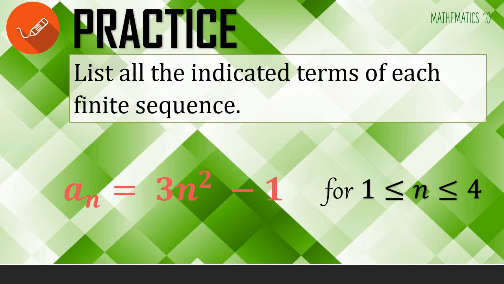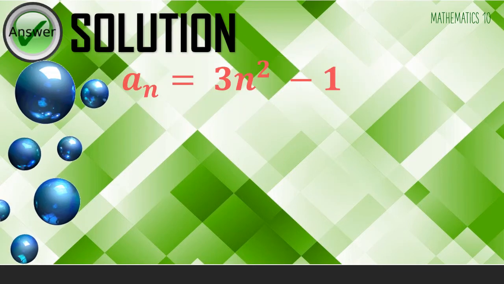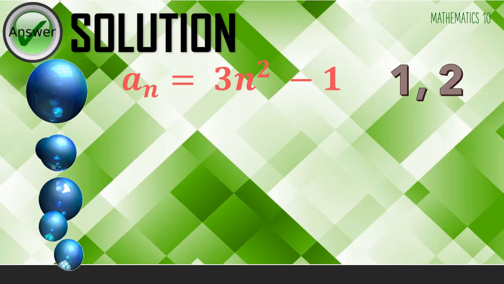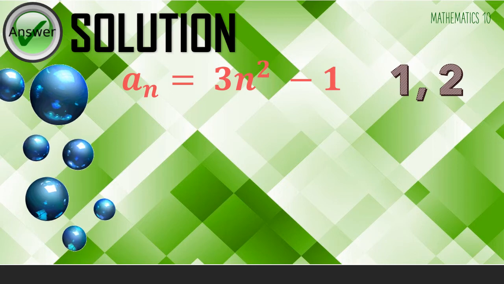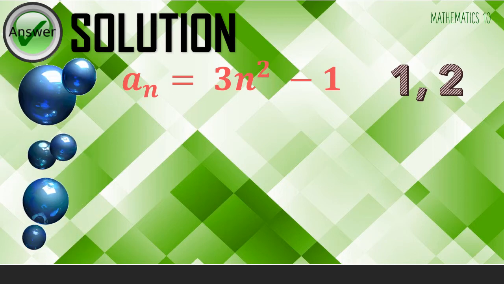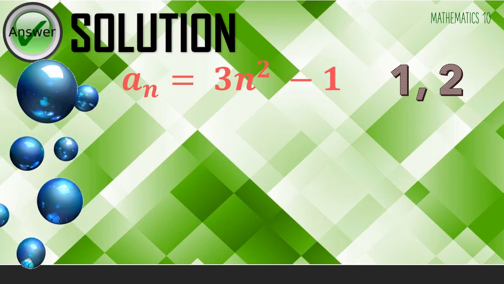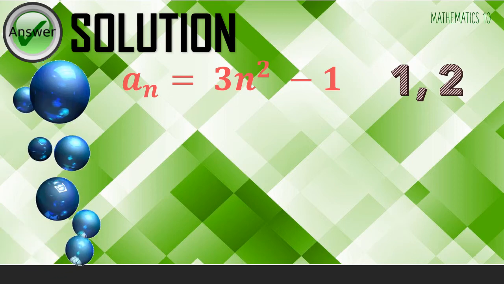So, what are those possible values of n given it's a positive whole number which is greater than or equal to 1 but less than or equal to 4? So, we have 1, 2, 3, and 4, but of course we are going to do it one by one. Let's start with 1 and 2.